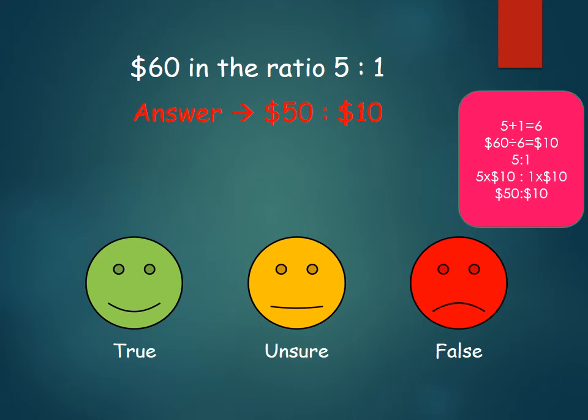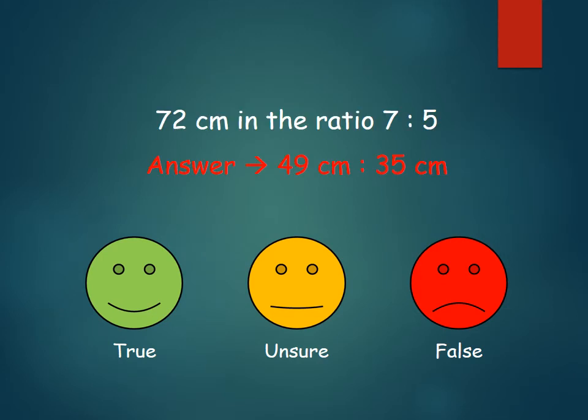So 5 multiplied by 10 and 1 multiplied by 10. 5 multiplied by 10 equals 50 and 1 multiplied by 10 equals 10. So what do you think? Is it true or false? Yes, it's true. Excellent. Who wants to solve this question?